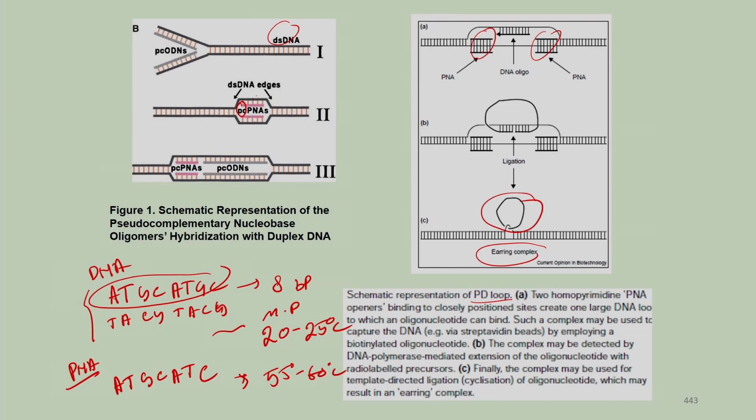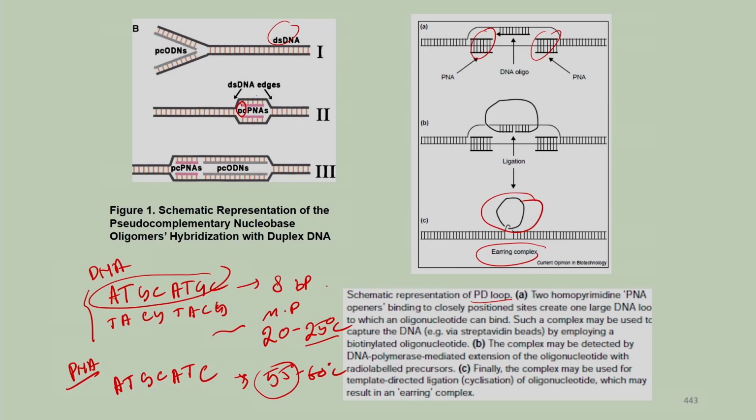So much difference. The PNA-DNA sequence will have a melting temperature of 55 degrees Celsius, and a DNA sequence having the same sequence is only 25 degrees Celsius. So, the binding strength is that high for PNA.